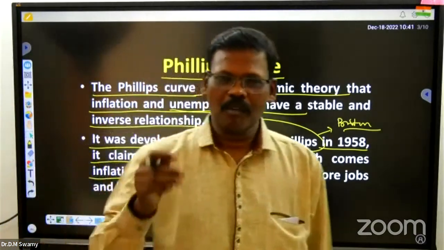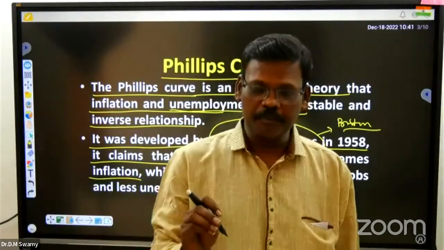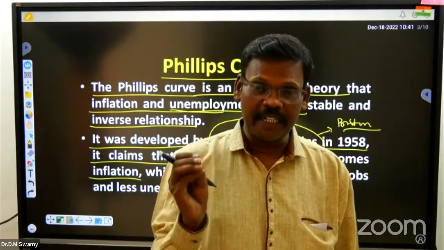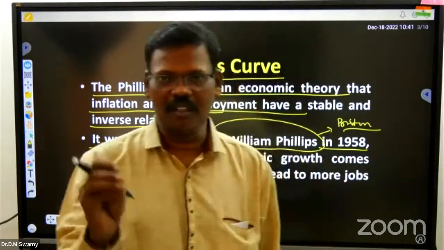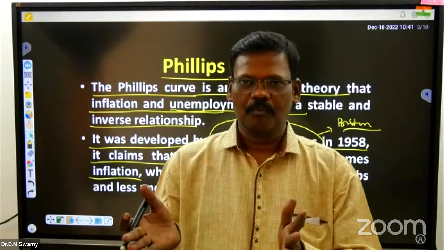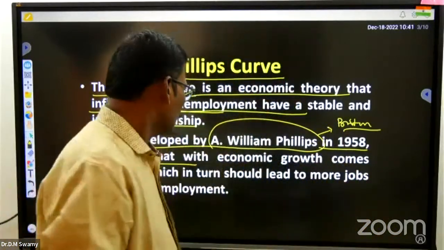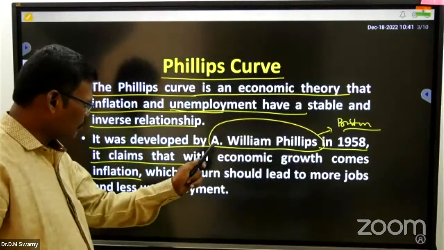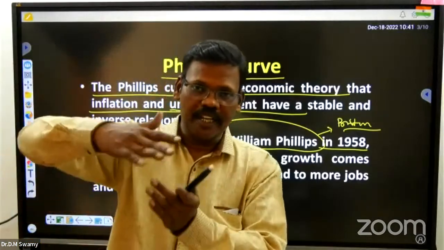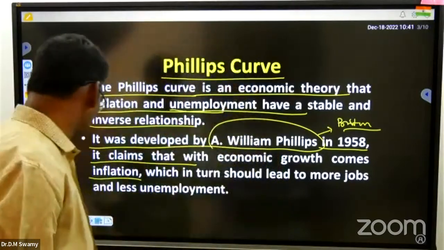Even today, economic growth depends on inflation. Whenever there is less inflation, we can have a good economic growth rate. That concept is explained here.